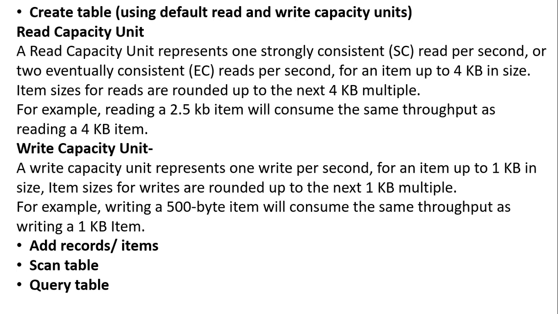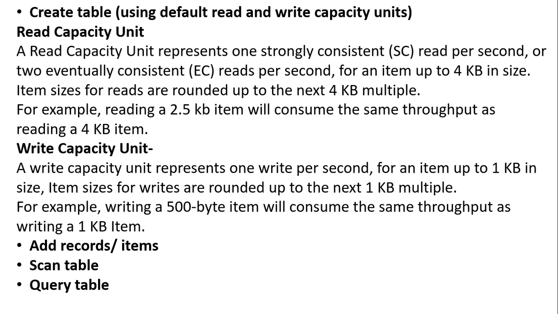Now regarding the capacity units, that means how much we will consume. By default, when you create an Amazon Web Services free tier account, DynamoDB will be given 25 GB of free space.